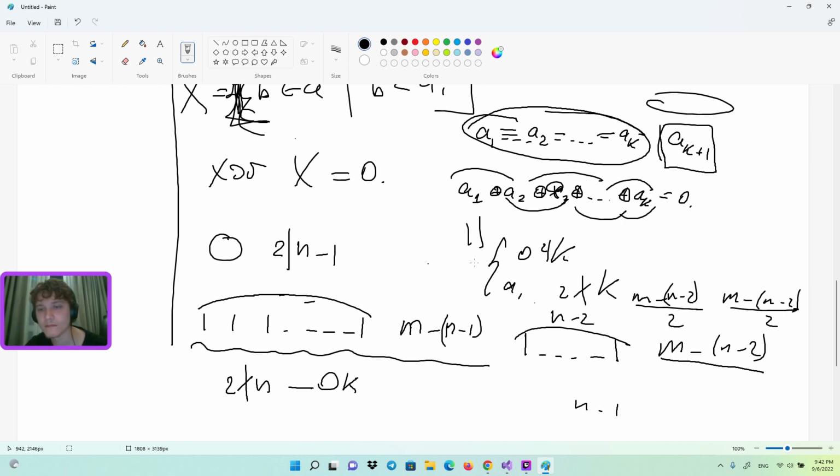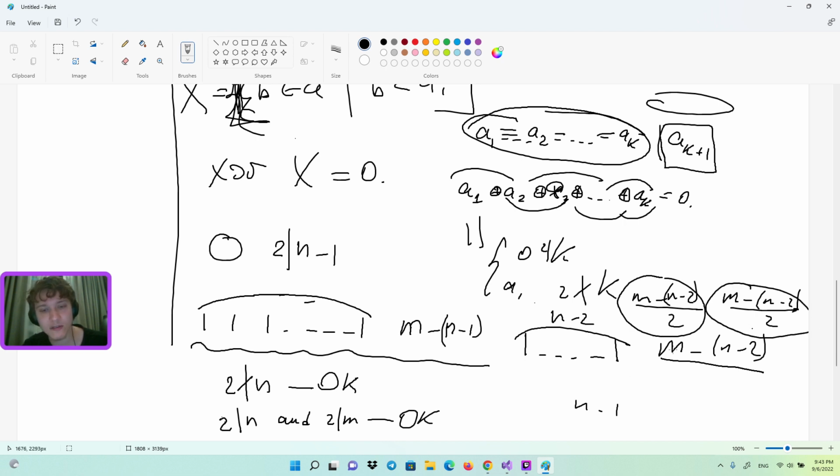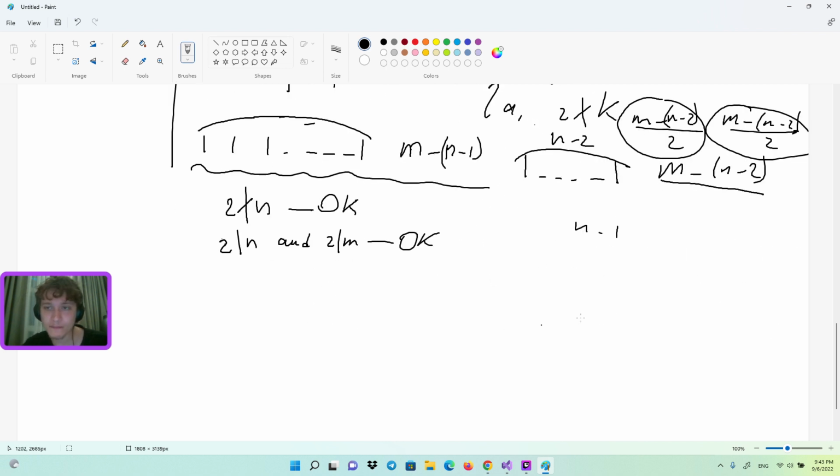So if this is an even number, then it works. So if n is even and m is even, then it is okay. We take n minus 2 ones and these two numbers after that.